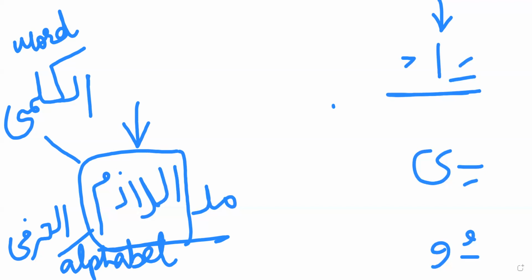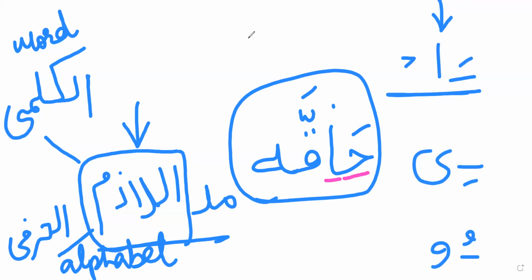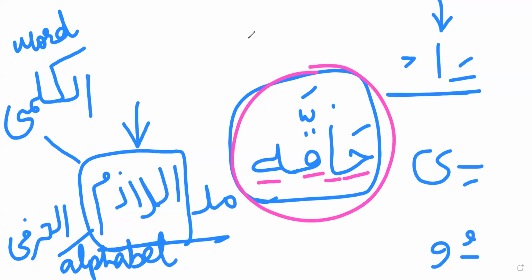So for example, I wrote the word ha. So this is a kalima. And in this kalima, you have one harf, two harf, three harf, four harf. So four huruf in this kalima. Okay.